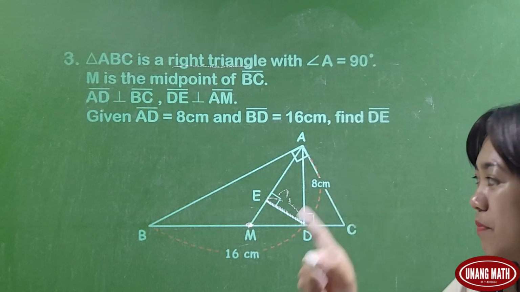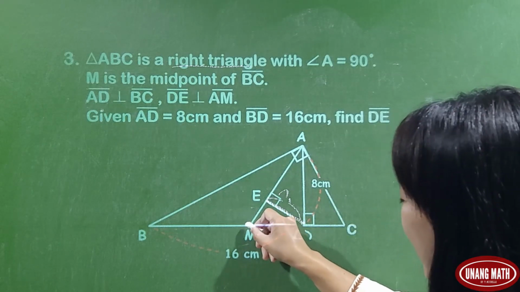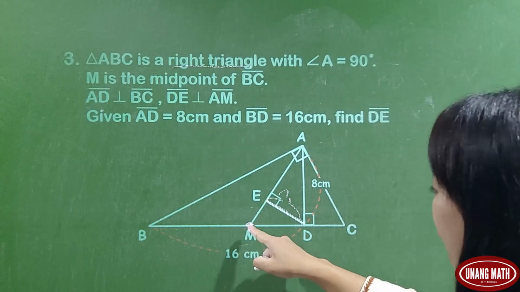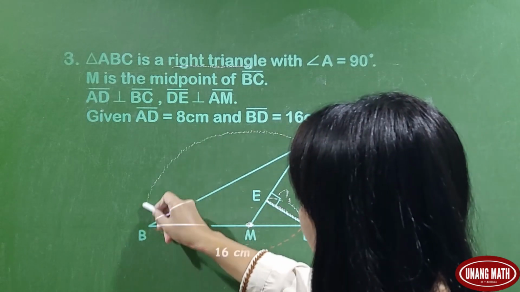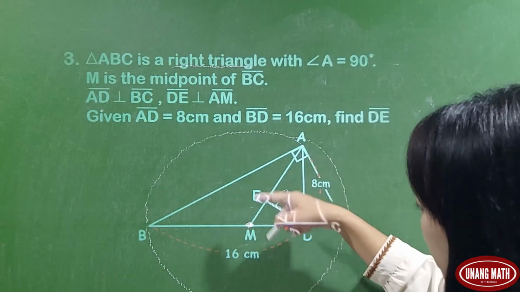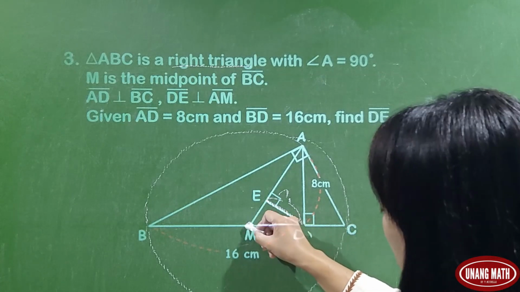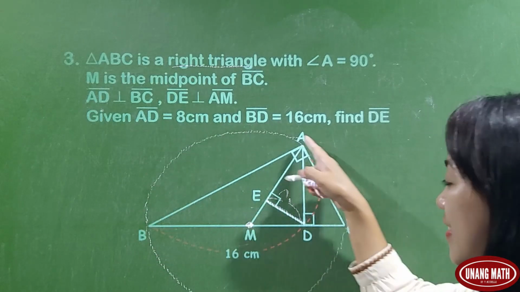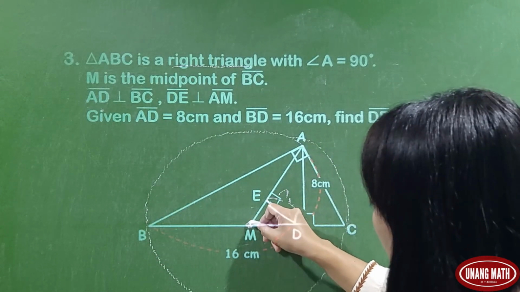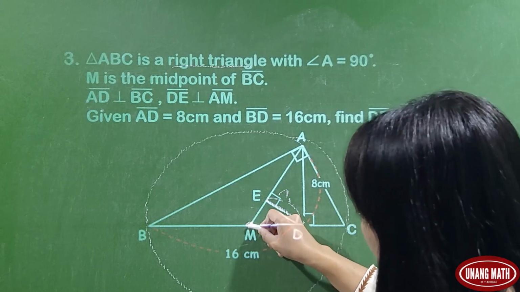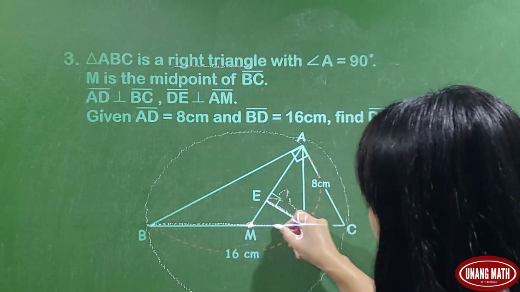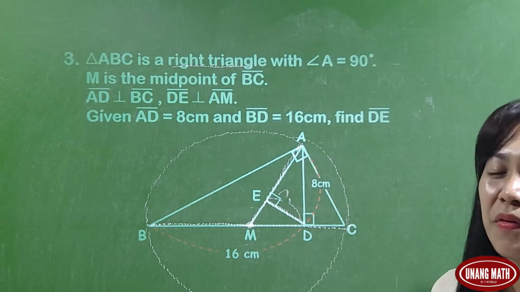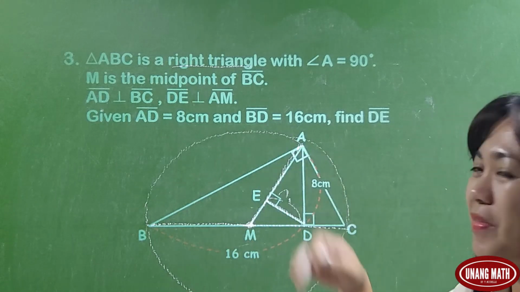From the word midpoint, that means this is the circumcenter of a circumcircle. If we draw that circle, it will look like this. So point M here is the circumcenter of this circle. From that, we can conclude that from point M to this point, to this point, to this point, these are the radius of this circle.